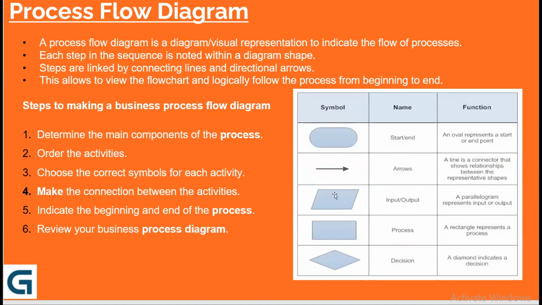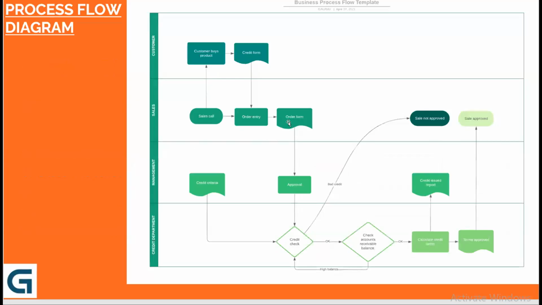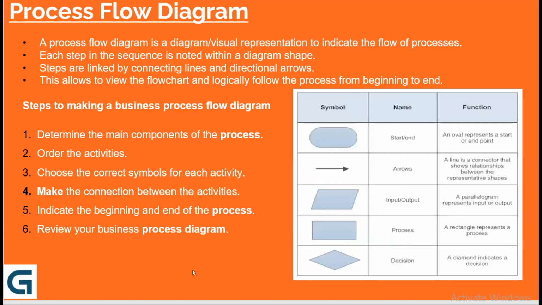For input and output, there is a slightly diagonal rectangle, which is also known as a parallelogram. That is for input and output. This other shape which I showed you over here defines the process, and this is the decision. The diamond box is the decision. So this is how you can remember it.